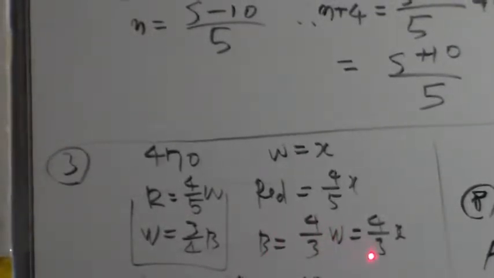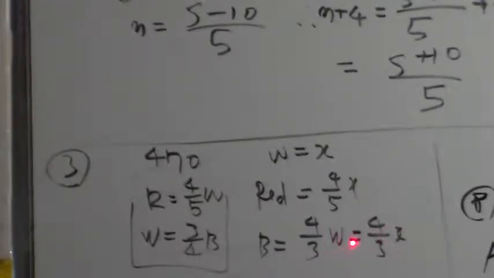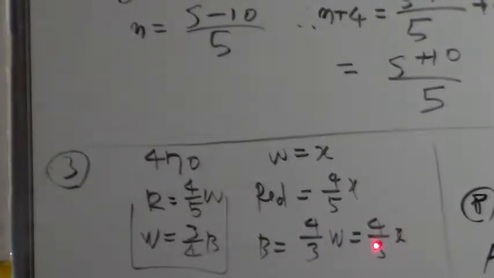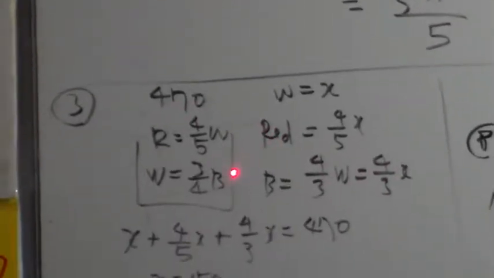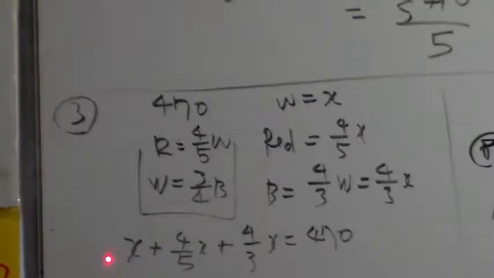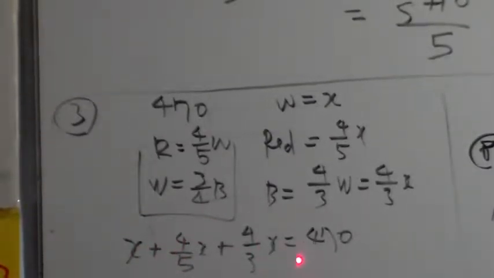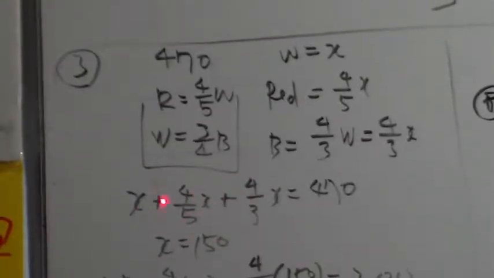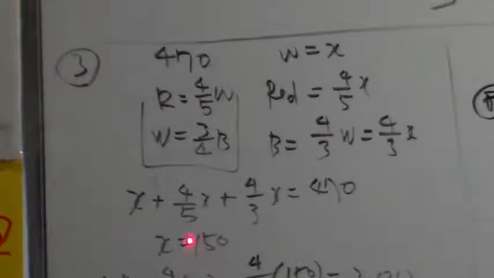So blue is 4/3 x, since white is x marbles. So total is 470, right? You're gonna say white plus red plus blue is 470. Once you simplify this, x is 150.